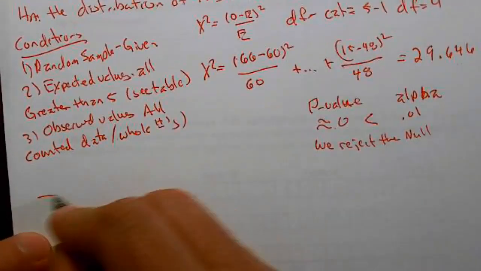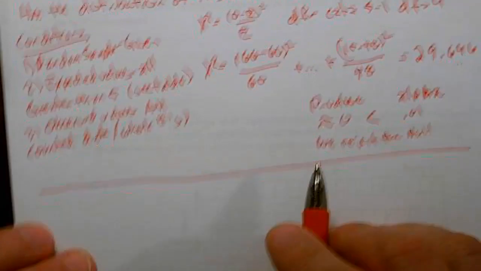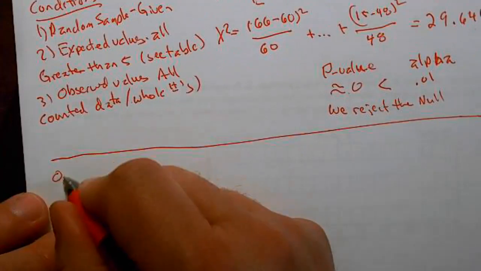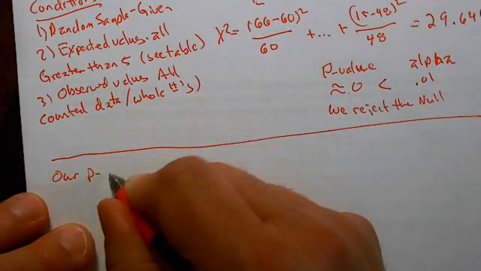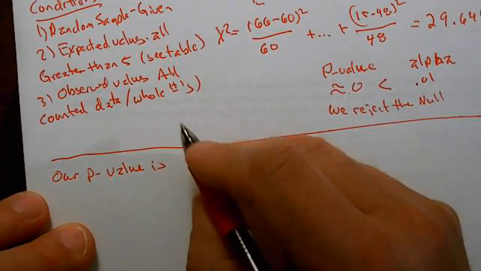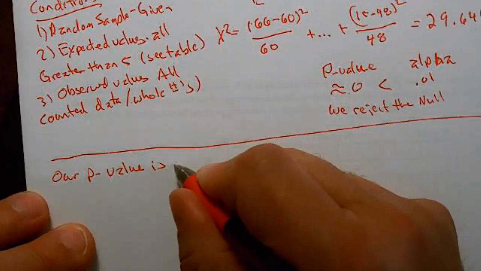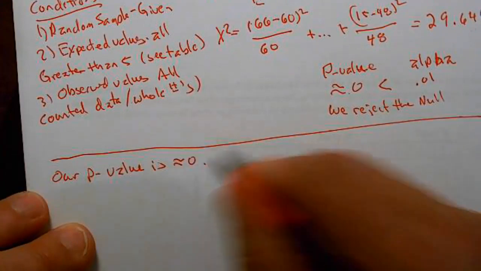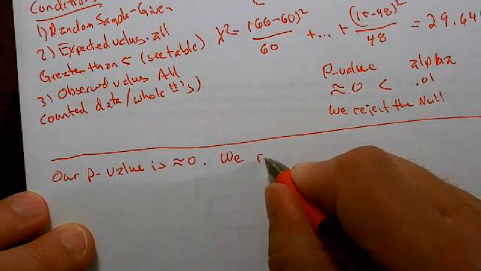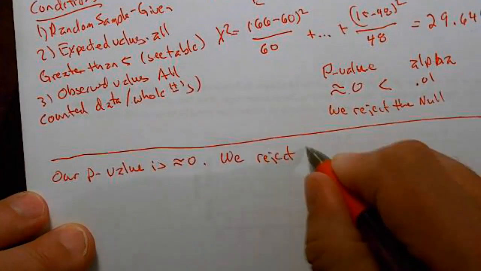So here's our conclusion. Our p-value is approximately 0. We reject the null.